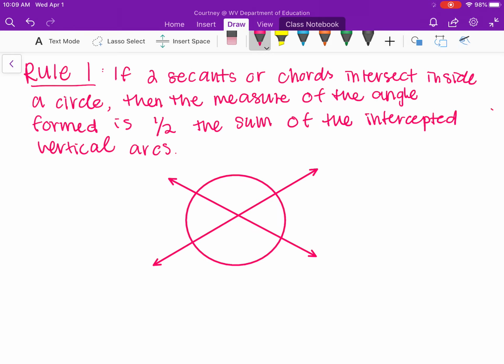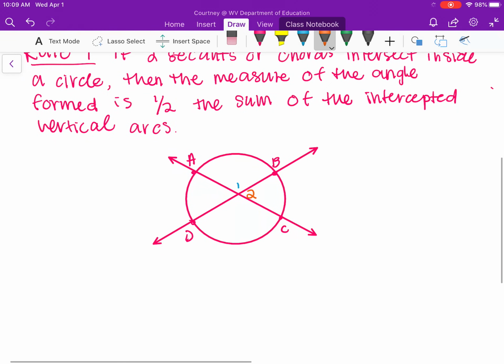Let's go with A, B here, C, and then D here. And let's call this angle 1. Let's call this angle 2. Let me do those in different colors. We'll have angle 1 and angle 2.